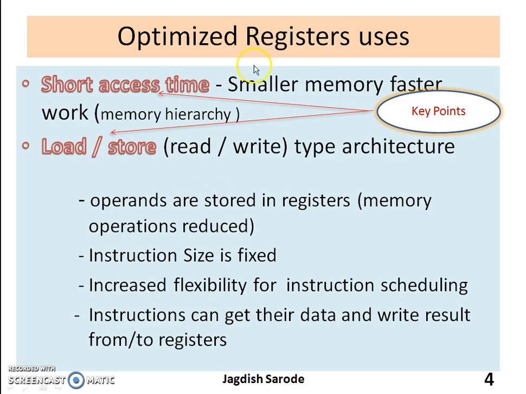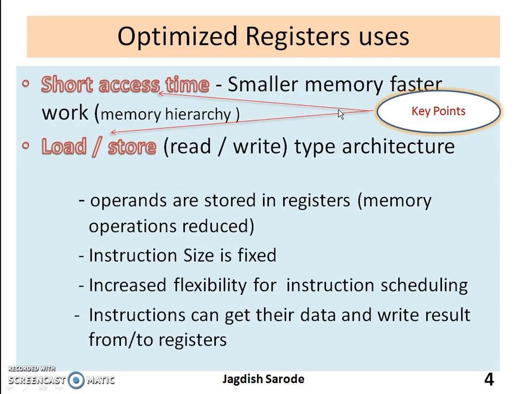Next key point is optimized register use. So whatever registers are used in the processor, we should use them optimally. And to use the registers optimally, the access time of the register should be very small, and with smaller memory we achieve faster access time. Hence a key design issue regarding this RISC architecture is short access time, and we achieve this short access time by extensive use of internal cache memory.